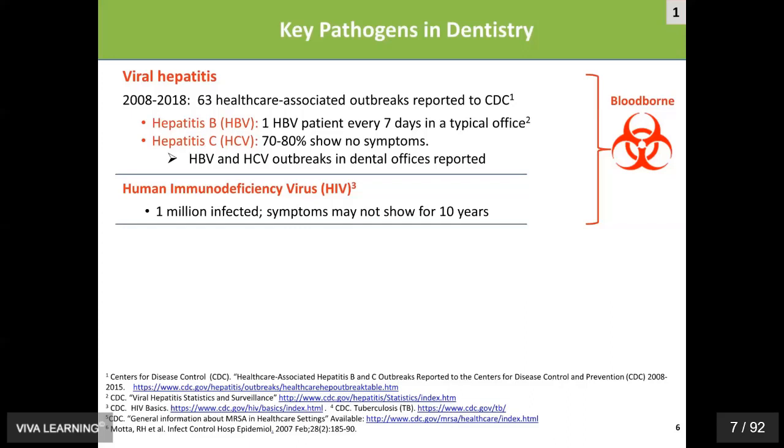Statistically, according to the CDC, we've all seen in our office in a 7-day period about one hepatitis B patient. We may not have known it. The patient may not have known it, but they had it. For hepatitis C, remember that 70 to 80% don't even show symptoms, and again, don't even know they have it. And outbreaks of both hepatitis B and C have been reported in dental offices.